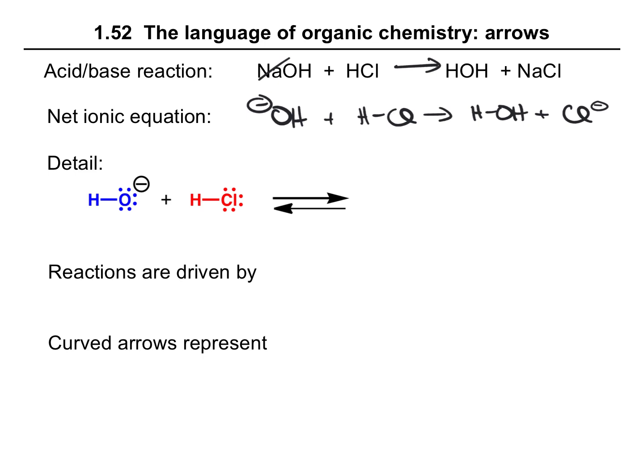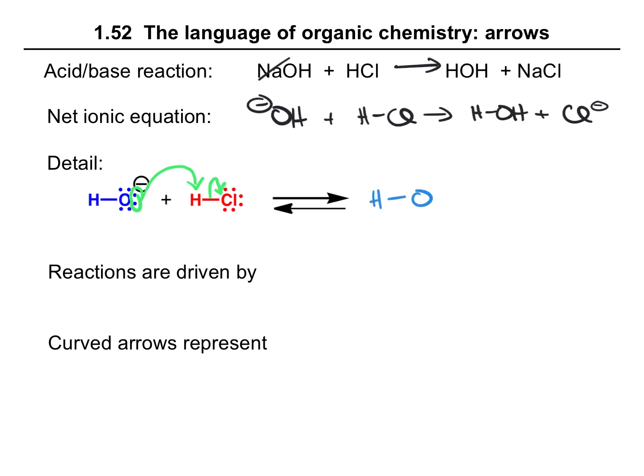Well, we can represent this by focusing on the fact that this pair of electrons would be shared with this hydrogen. I'm using the double barbed arrow because it is a pair of electrons, and this means it's forming a new bond between the oxygen and the hydrogen. And then at the same time, these electrons are going to move onto the chlorine.